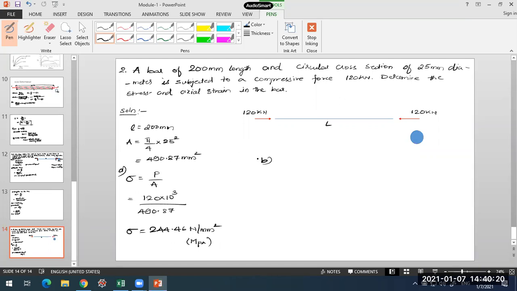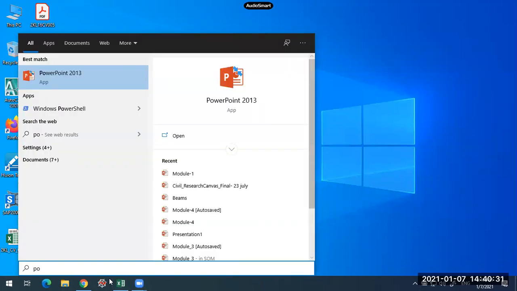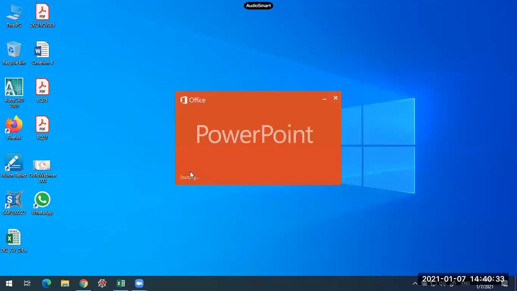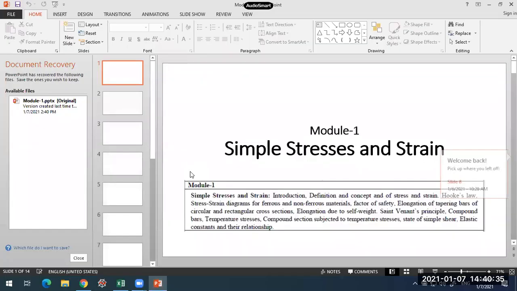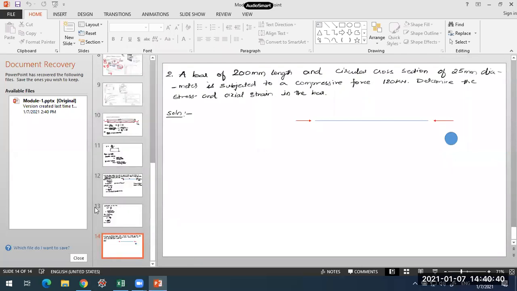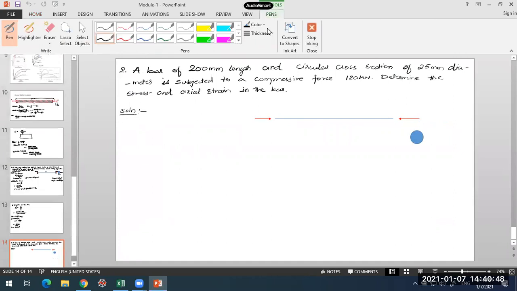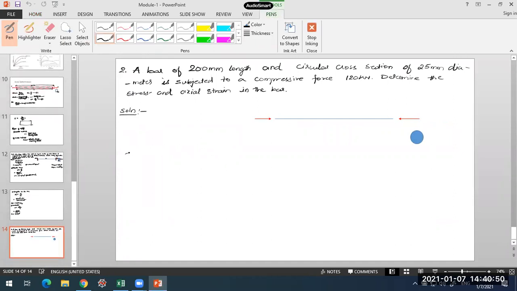In order to determine the second quantity, the strain, you need to find the axial strain here. So please continue finding that one. Stress we have determined. Continue with determining the strain.